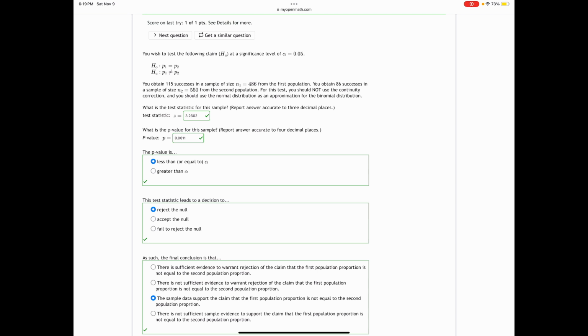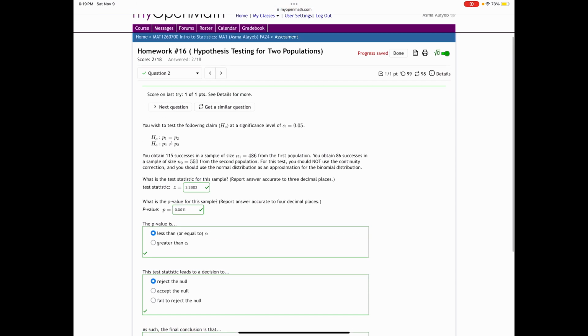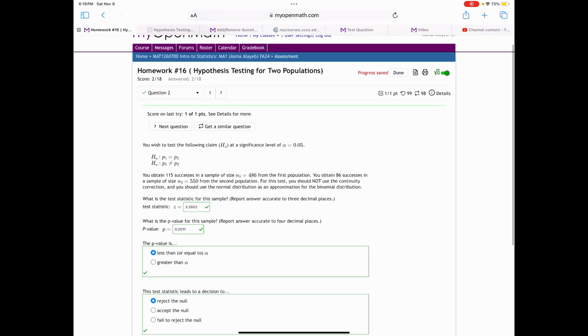And that is the answer for question number 2. This is how you should answer question number 2 using the calculator. You are not going to use the formulas and Excel sheet to compute the test statistic and the p-value manually. You will resort to using the calculator, which is going to be available on your test as well.